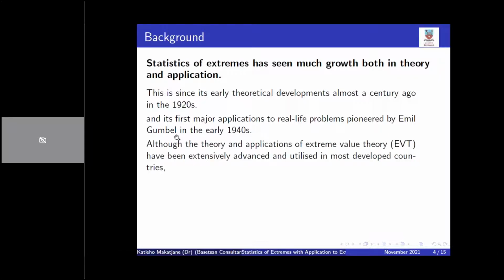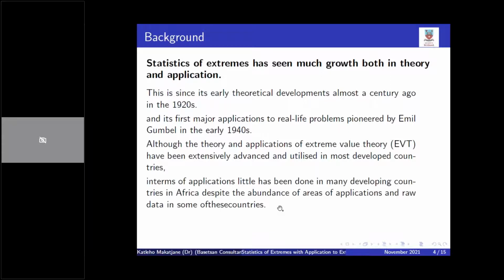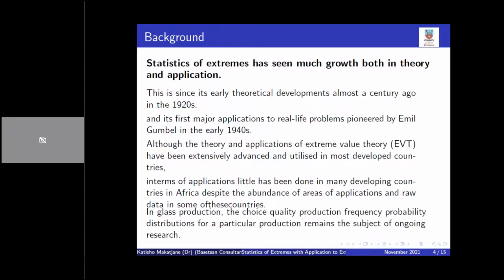Although the theory and application of extreme values have advanced extensively and been utilized in many countries, in terms of applications little has been done in many developing countries in Africa, despite the abundance of areas and data for applications. In glass production, the choice of quality, production frequency and probability of extreme distributions for a particular production remains the subject of ongoing research.